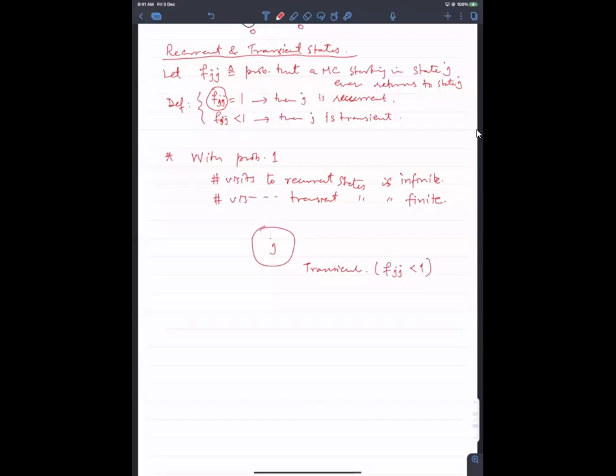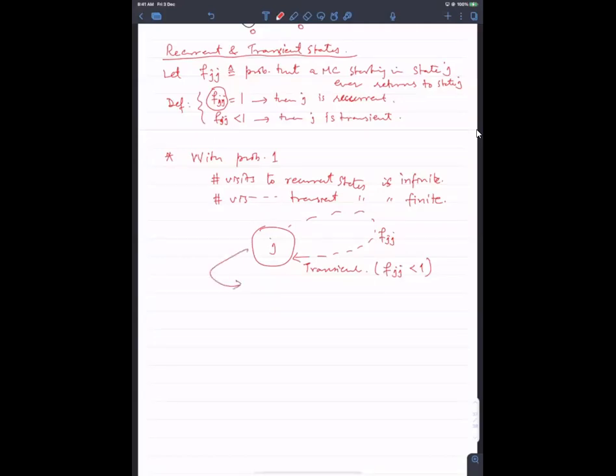The probability that you are here and you will go somewhere else and ever come back here, this Fjj, is less than 1. There is less than 100% chance that you will ever come back here. Okay. So that means कि यहाँ से बाहर निकलने का forever के लिए बाहर निकलने का 1 minus Fjj is that probability.